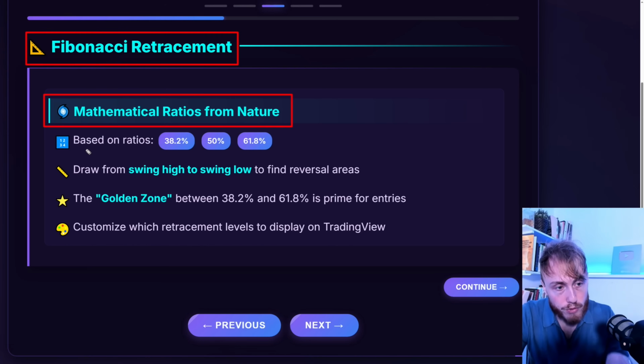But some of the most important ratios that you need for trading are 38.2 and 61.8. Another way to write these is 0.382 and 0.618. These numbers are very key, and you also have this simple 50% number.